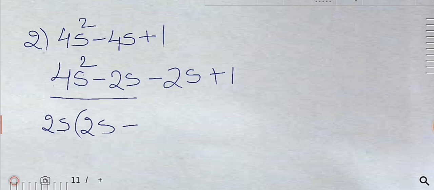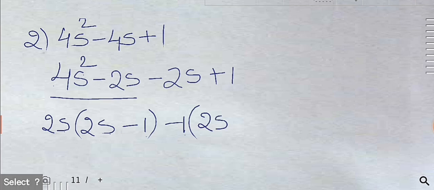Minus, if you take out 2s, we'll get 1, 2s into 1 is minus 2s, right? Here there is no common value from these two, so I'm taking minus 1 as common, because I should get minus for this 1 also. 2s minus 1 into 2s is minus 2s. Minus into minus plus 1. 1 into 1 is 1.